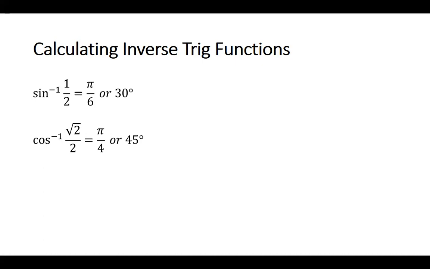So the adjacent would be 1, the hypotenuse would be the square root of 2. Oh, that's my 45-degree angled triangle, right? So the inverse cosine of the square root of 2 over 2 is pi over 4, or 45 degrees. And again, you can use the unit circle for these to recognize and pull out.